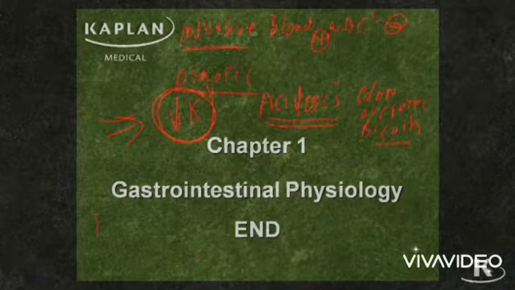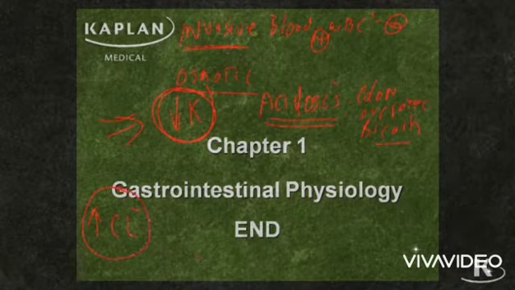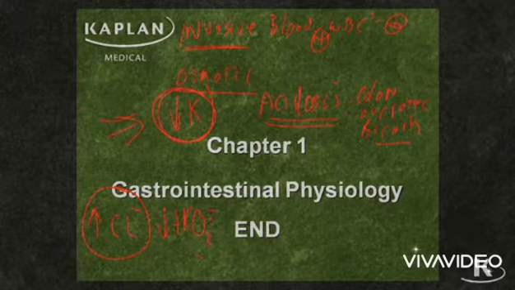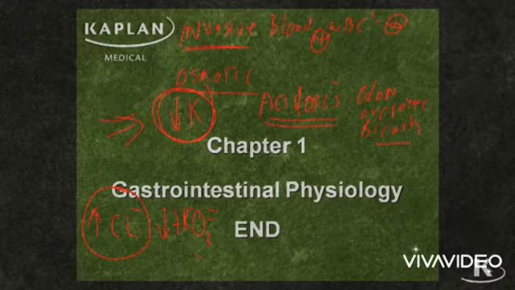diarrhea has a normal anion gap because diarrhea has a high chloride level. Although the bicarb in the blood may go down, the chloride level goes up. That keeps the anion gap normal.